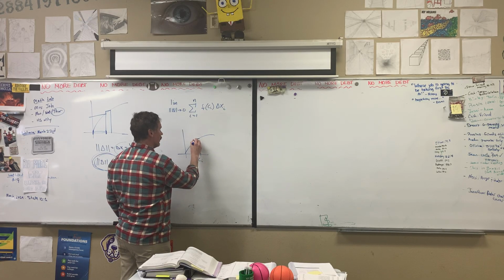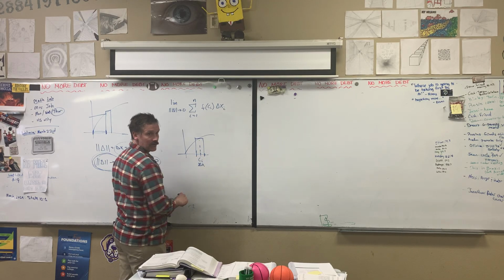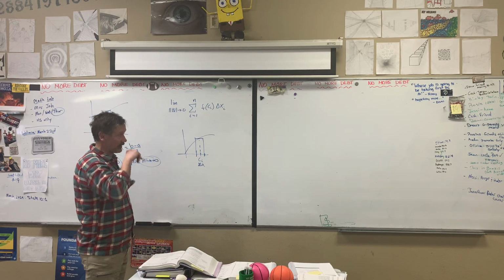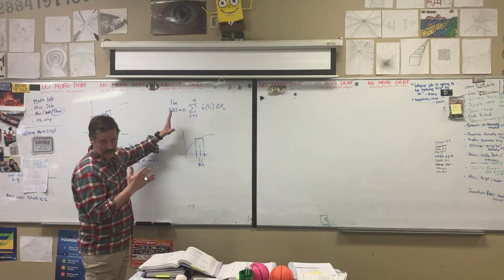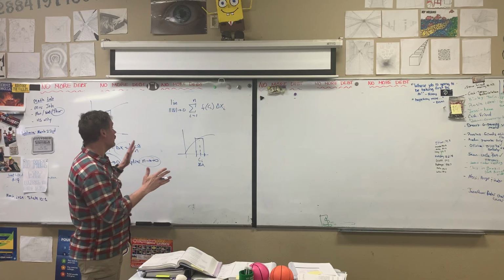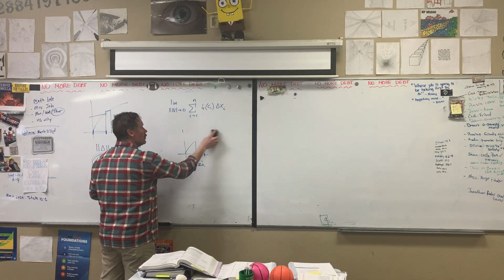And then you have some rectangle here like this, and this distance is delta x, from here to here. So, okay, but really just look at it as basically the exact same thing as what we were doing. Don't let the whole minutia of it become complicated.